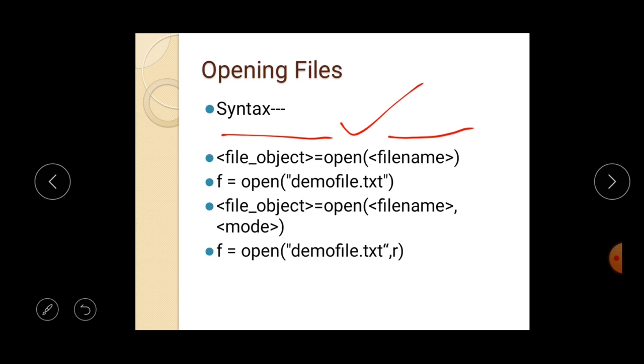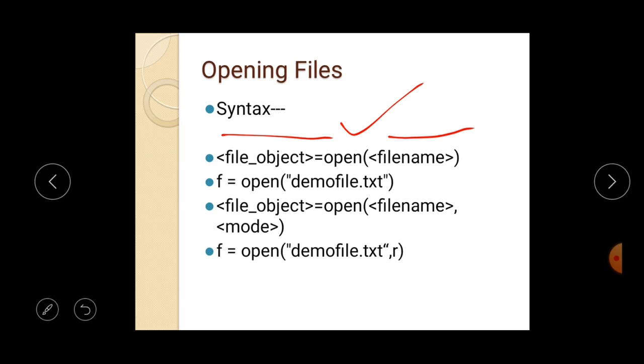In the next line, an example is written, that is f is equal to open demo file dot txt. Open is the function, and in this function I have passed demo file dot txt, which is the name of the file that I want to open. So this line will open the demo file, and the file will be addressed by f. When you write f in the next line of the program, it means you are addressing the demo file.